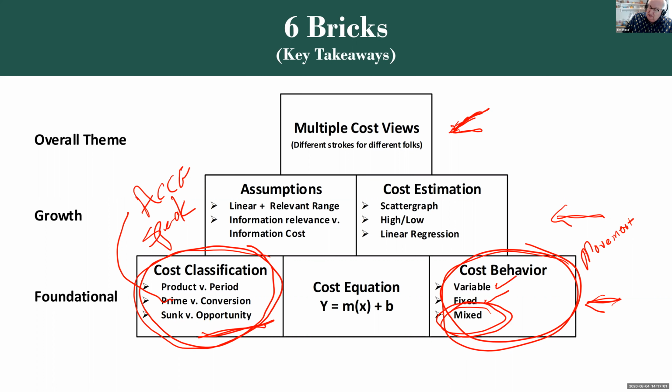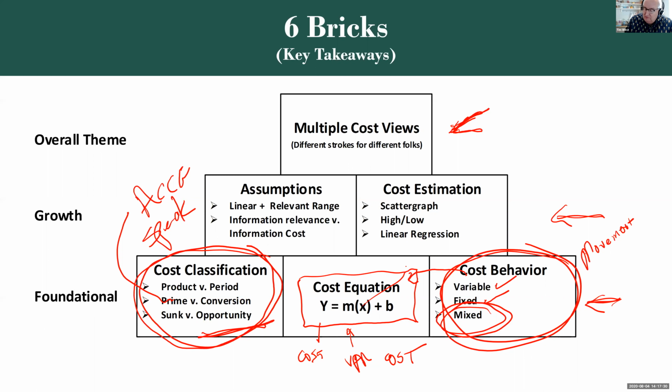And so the cost behavior you're talking about is really driving this cost equation, the idea that there's a little bit fixed and a little bit variable. This will haunt you throughout the semester. The Y represents cost. The M represents the variable cost per unit.